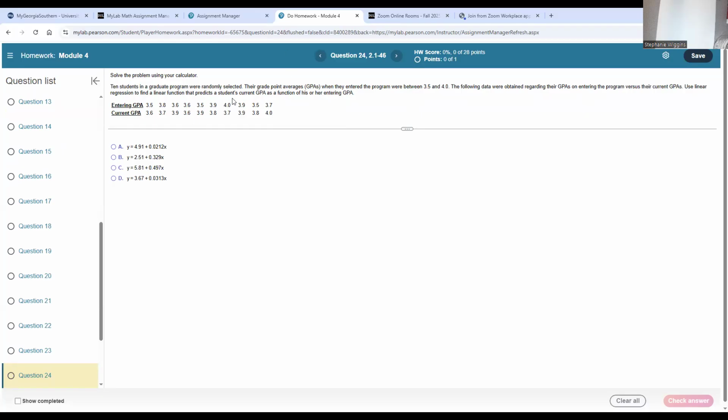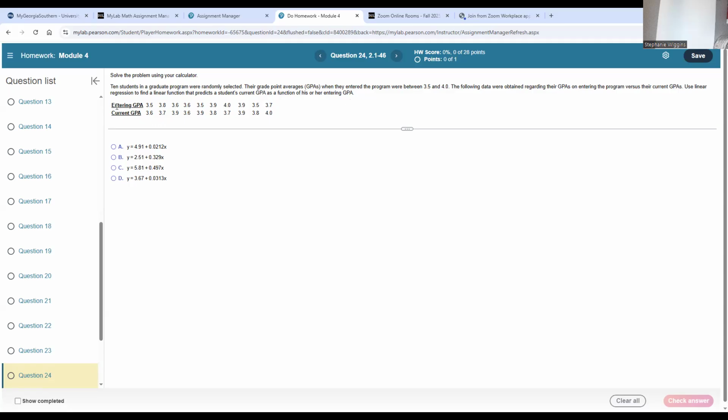Now, I want to call your attention to a phrase, current GPA as a function of his or her entering GPA. So the current GPA is a function of the entering GPA. What that means is that the current GPA depends on what the entering GPA is. And so the current GPA is the dependent variable, and the entering GPA is the independent variable.